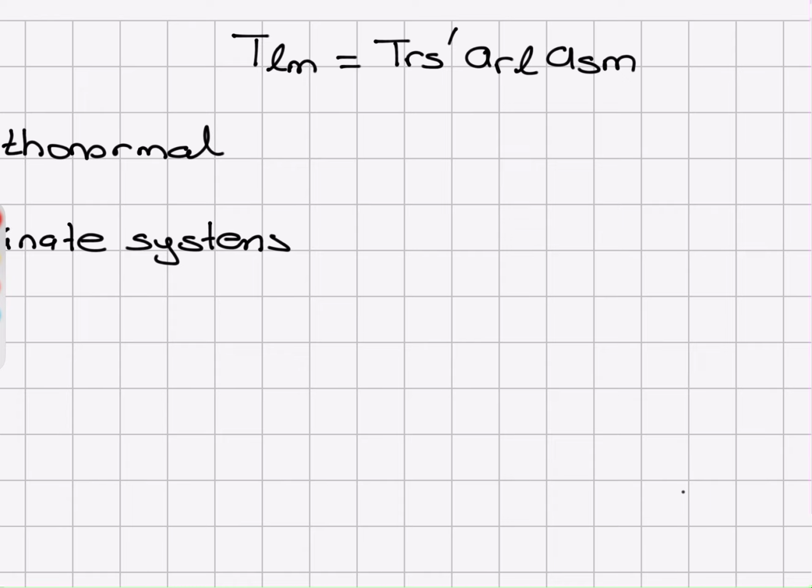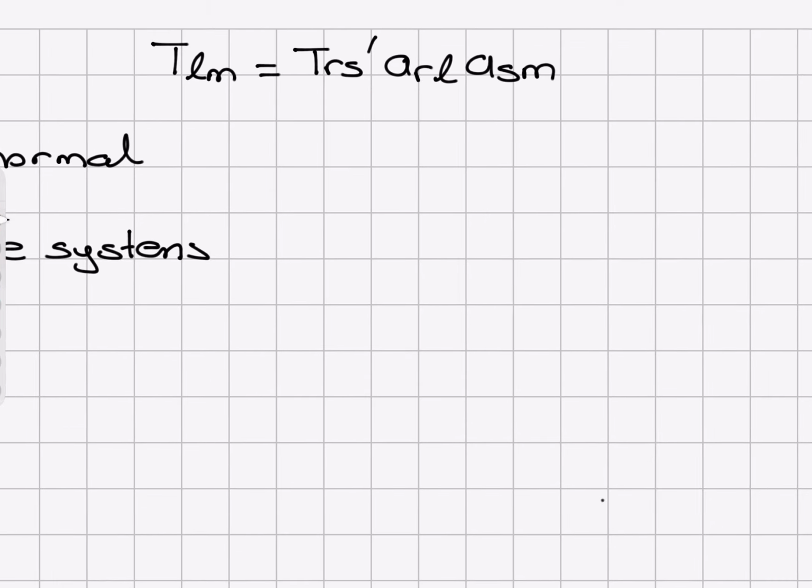Now, if I continue with this and multiply this with the inverse of this matrix element. So let's call that inverse a_kr inverse, T_lm. This is going to give me T_rs prime a_kr inverse a_rl a_sm.